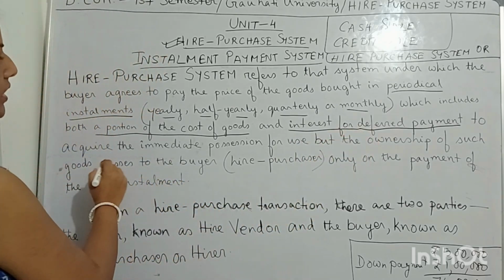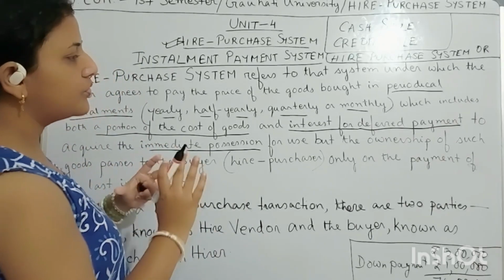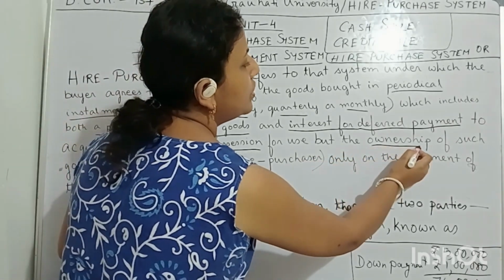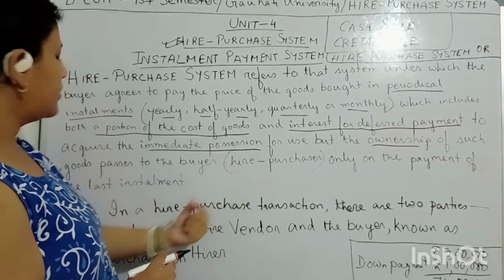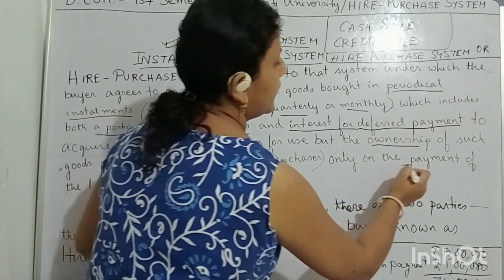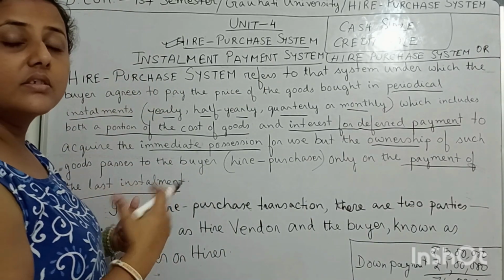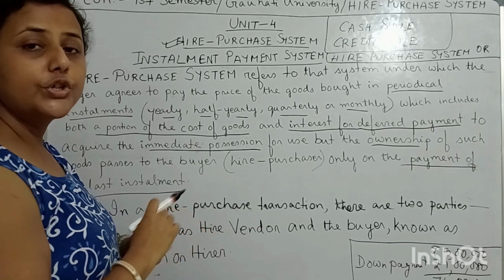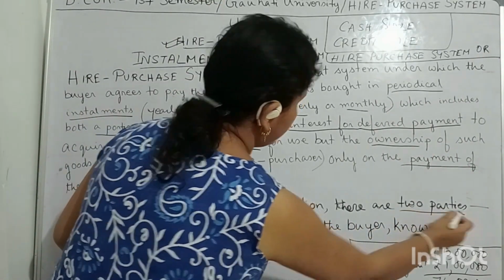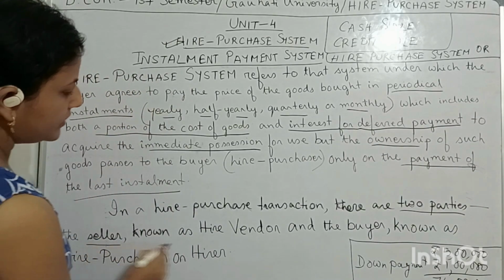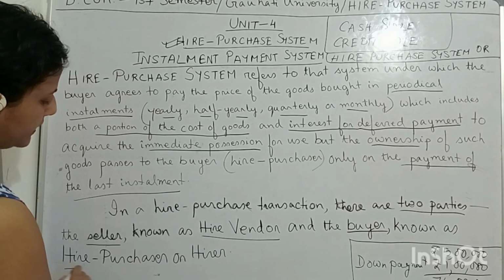There will be immediate possession of the goods, but the ownership of such goods passes to the buyer, hire purchaser, only on the payment of the last installment. When the last installment is paid, the ownership will be transferred. There are two parties: the seller is known as the hire vendor, and the buyer is known as the hire purchaser or hirer.